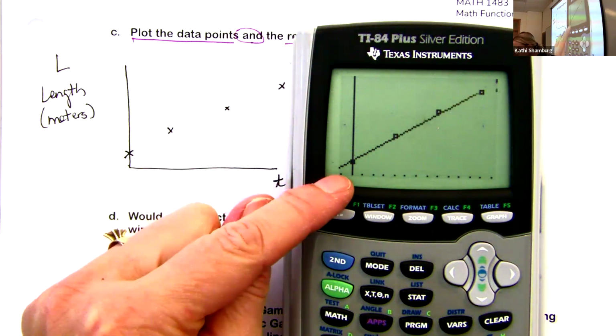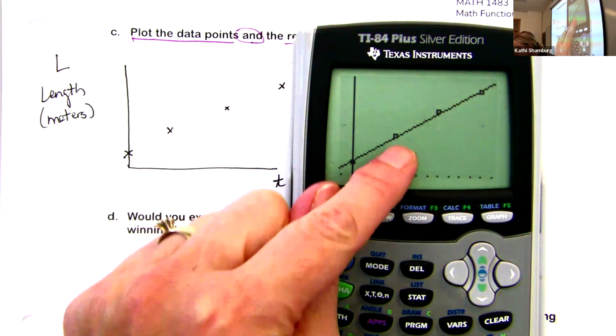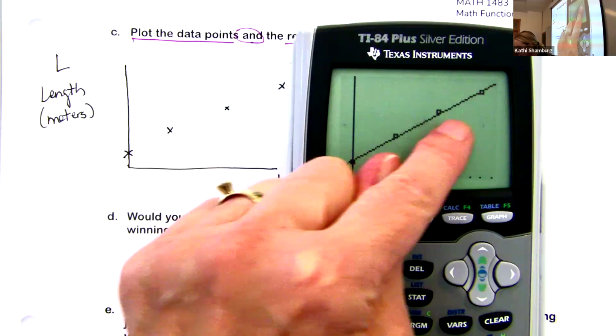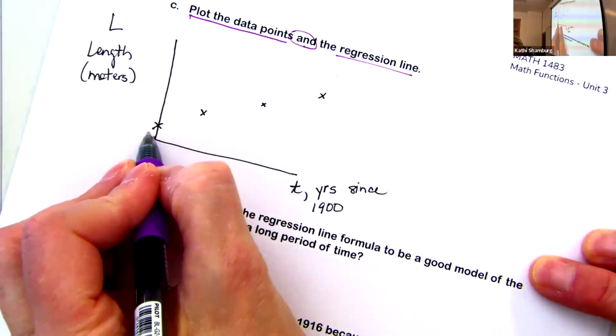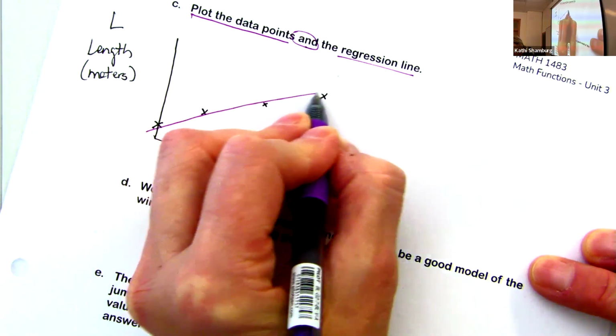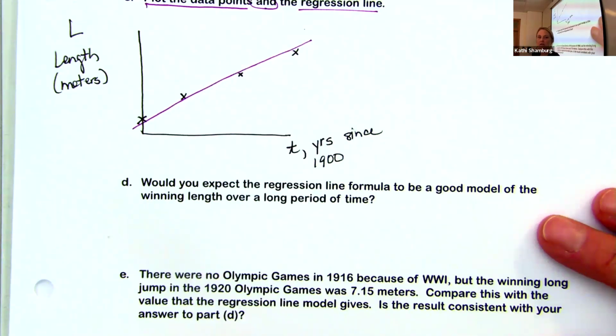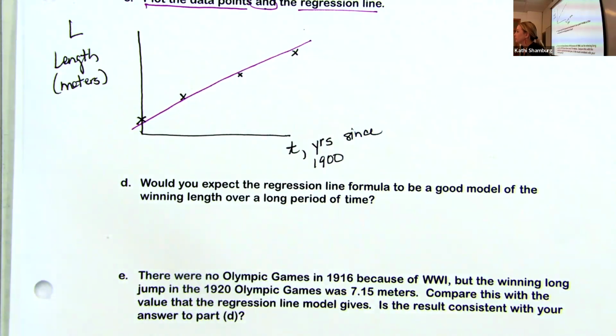You can tell the line's a little above the initial one, that it's just under the next two, and then it looks like it's right on the last one. So kind of like that, not exactly, but you get a good idea. Okay. Did you get it? Did you get the scatter plot?